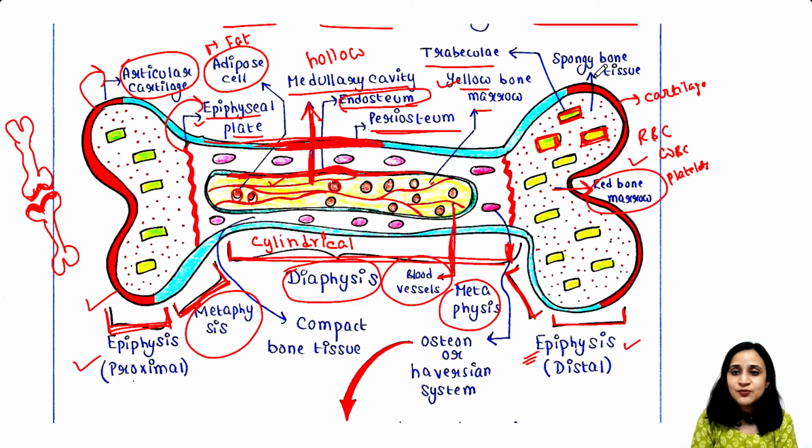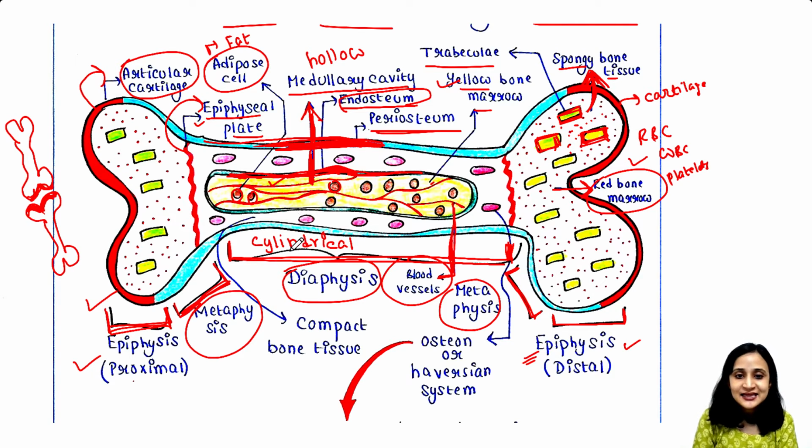And this part is called spongy bone tissue. It is called spongy bone tissue because here you will get some spaces, like sponges. So you will get some spaces between the red bone marrow. So this is called spongy bone tissue.